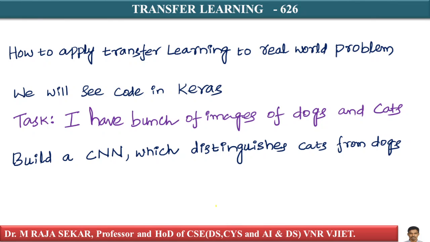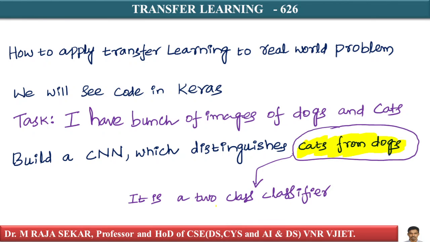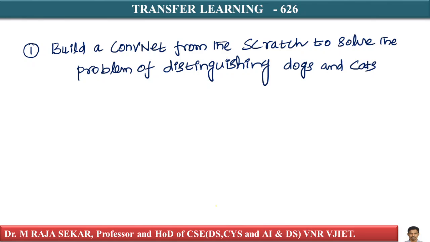So it is a two-class classification problem. I have images of dogs and cats, and hence I am trying to build a convnet. In such a case, of course, I can build a convnet from scratch to solve this particular task.